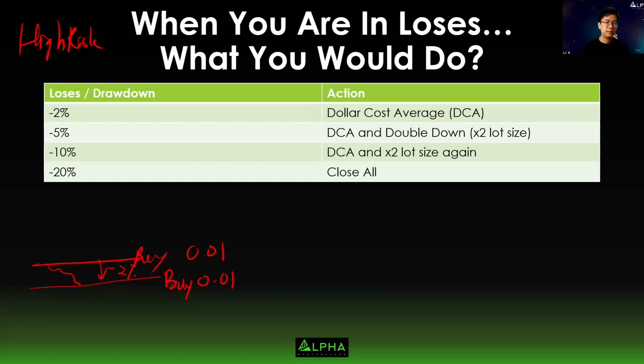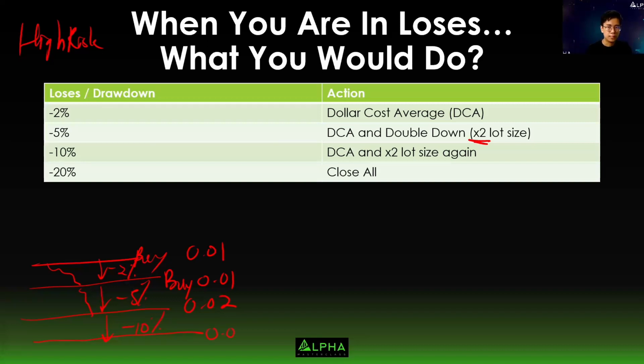After that, if it goes down even further, let's say downhill here, I've been down by 5% already. What will I do? Because I know that this is going to be the bottom of the market, and I know that it's going to reverse soon, so I will buy 2 times the lot size, so it becomes 0.02. Oh my god, it's down again one more time to be 10% down of my portfolio already.